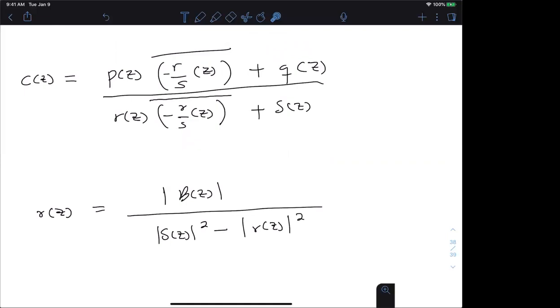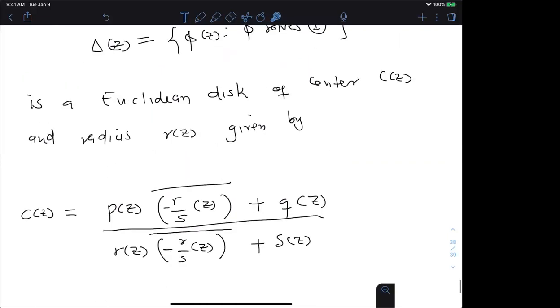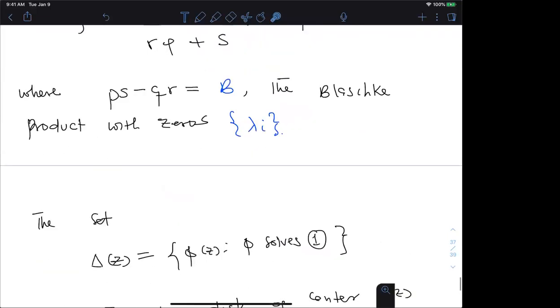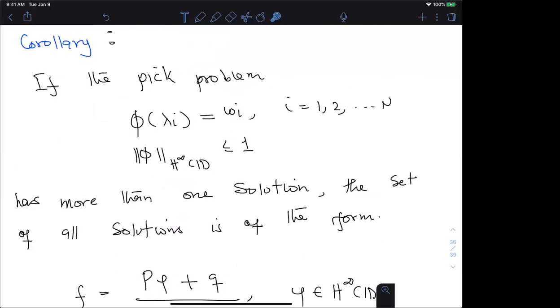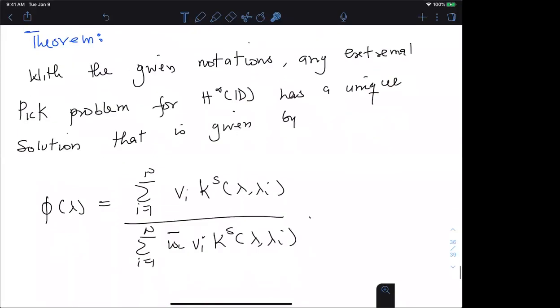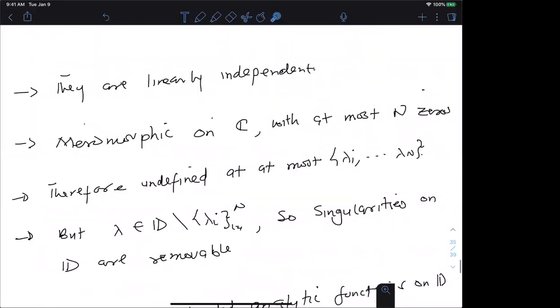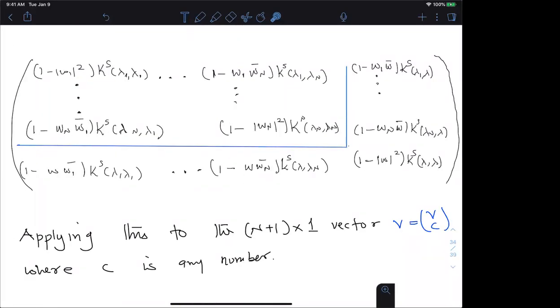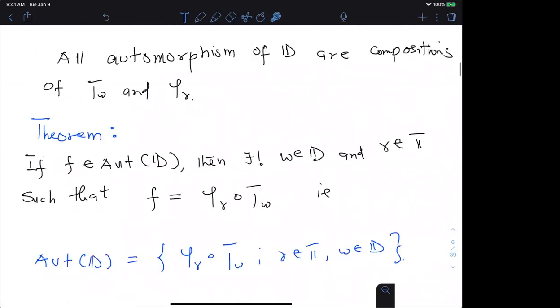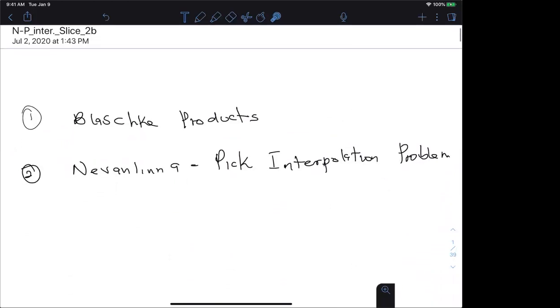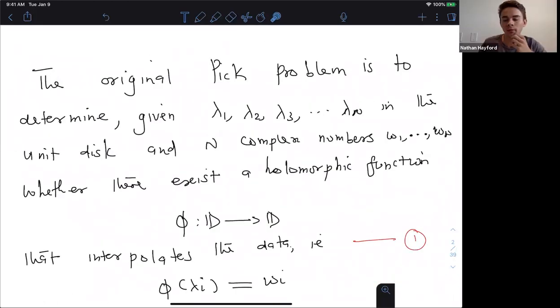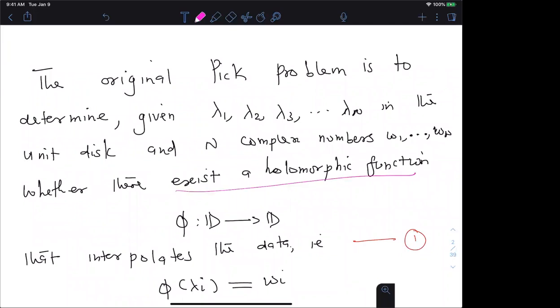Just trying to understand what you're saying for the main statement of the Pick problem, because I feel like there should be some condition on the function, because it seems like you're saying that the problem is whether or not there exists an interpolating polynomial, just period. Yes. But isn't that always the case? It's not a polynomial. It's an interpolating holomorphic function.